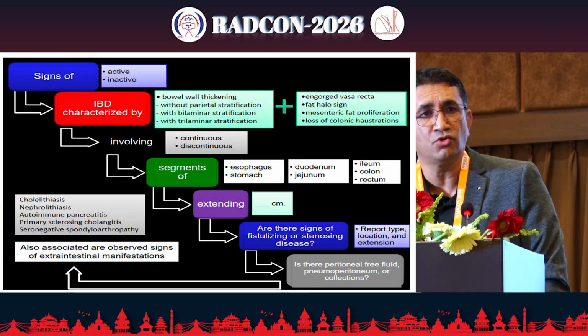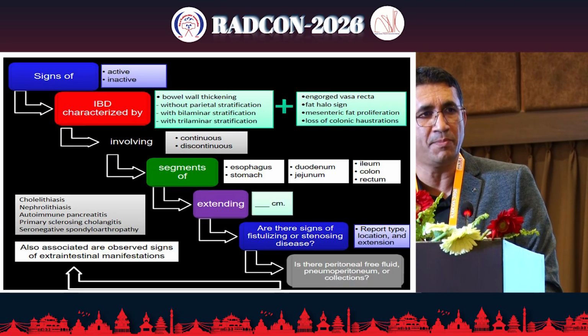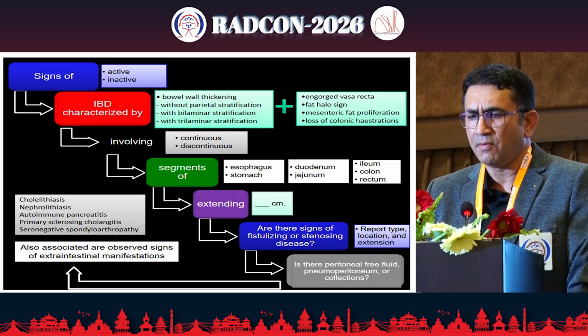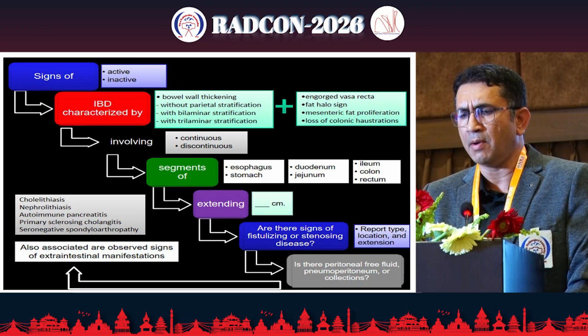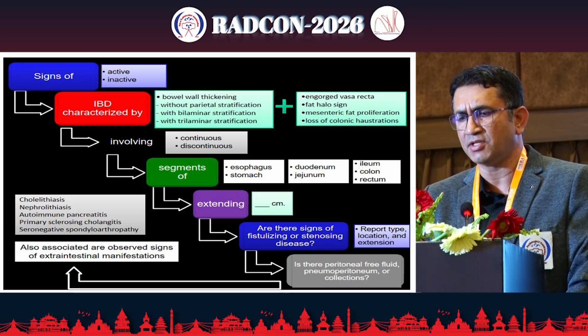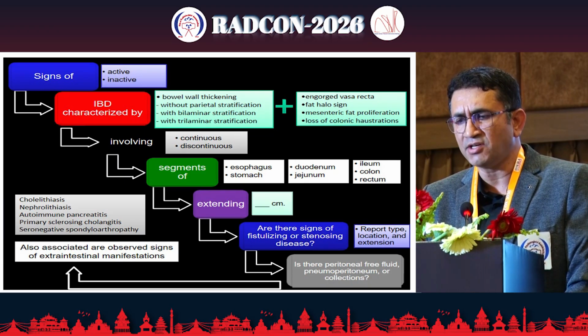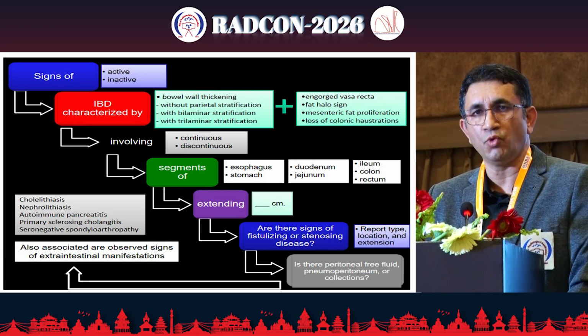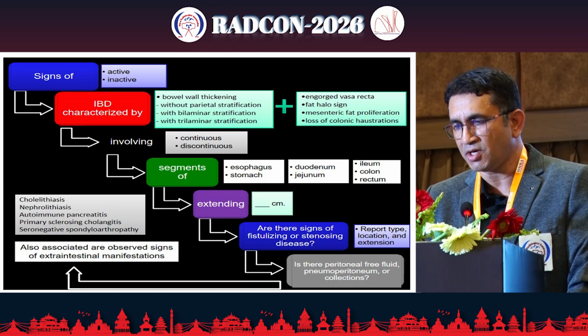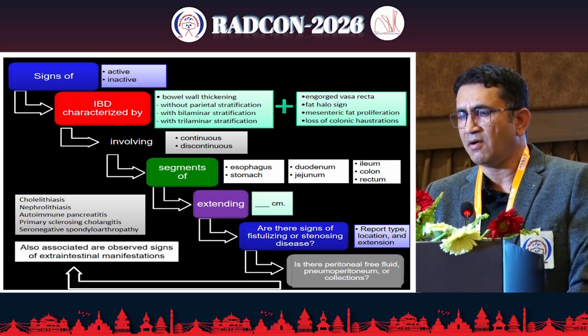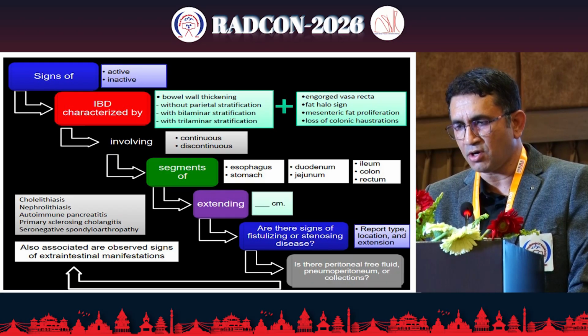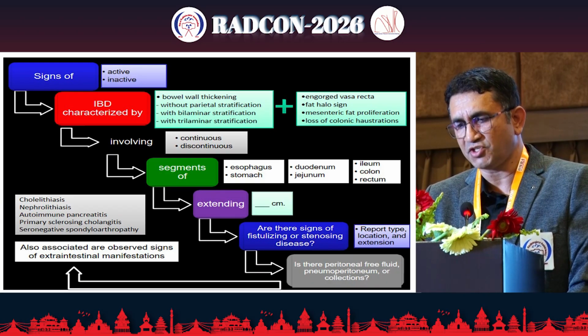Now coming to structured reporting, how we should report inflammatory bowel disease. First, look for the signs, whether it is active or inactive, bowel wall thickening, with or without parietal stratification, with or without bilaminar stratification. We have to mention whether there are engorged vasa recta, fat halo sign, present or not, and mesenteric fat proliferation.